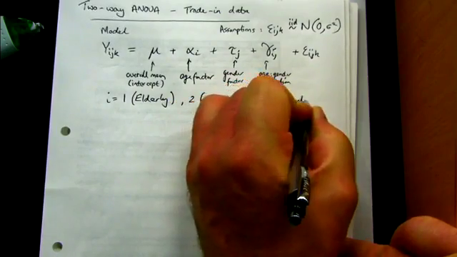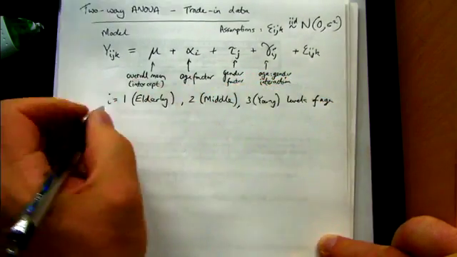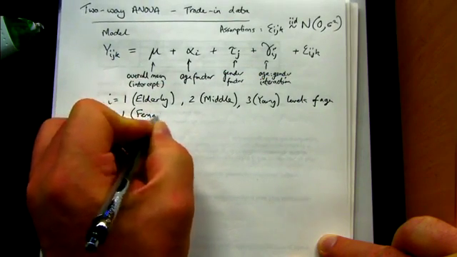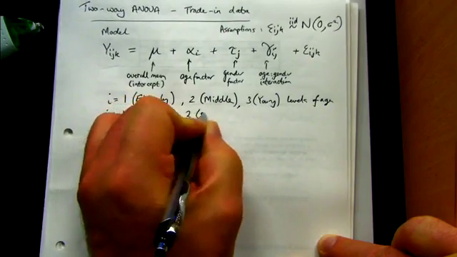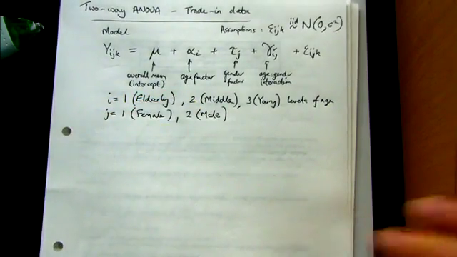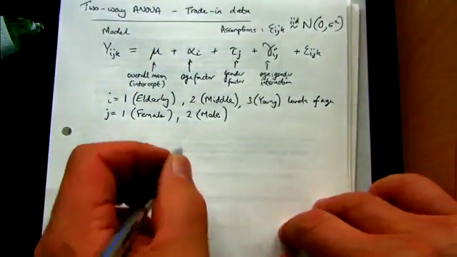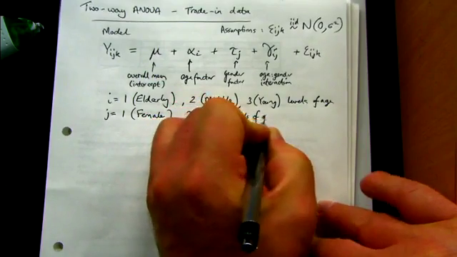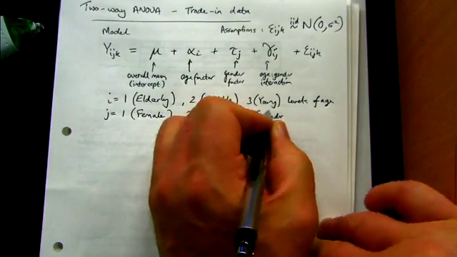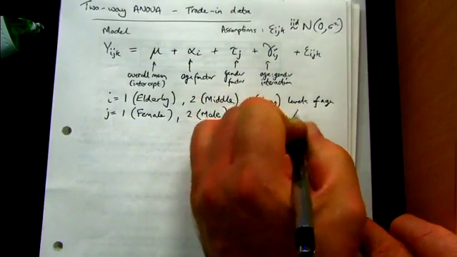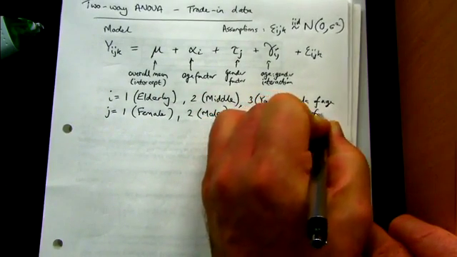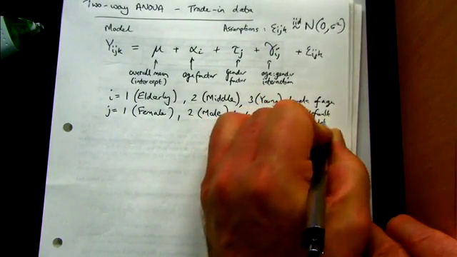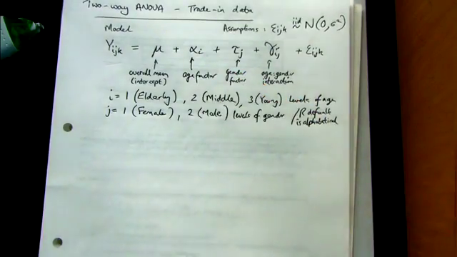They're the levels of age. j is 1 female, 2 male, because female comes before male alphabetically. That's the levels of gender. So the R default is alphabetical. So actually alphanumeric.